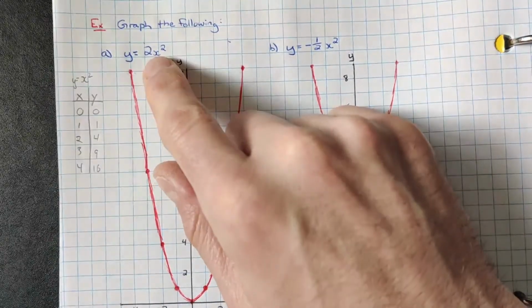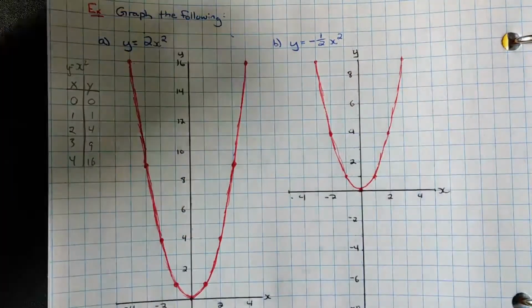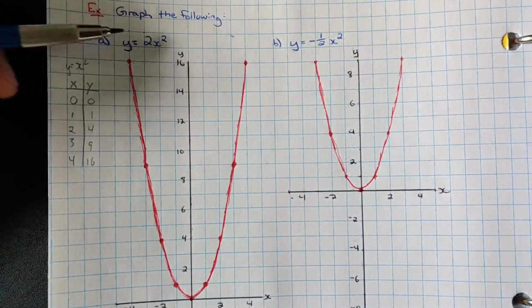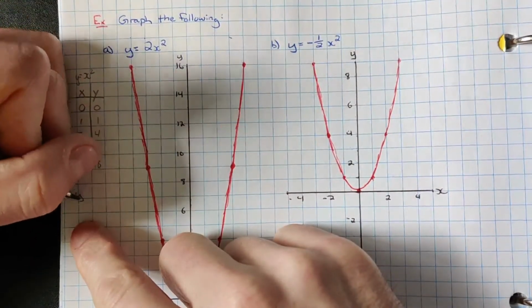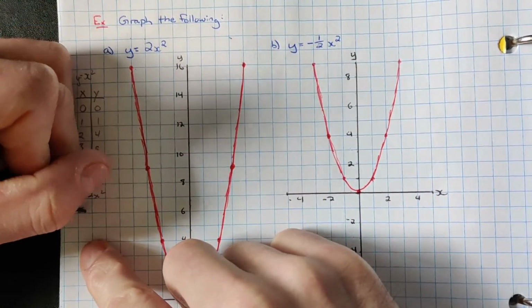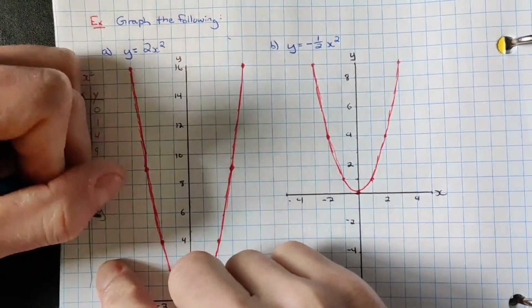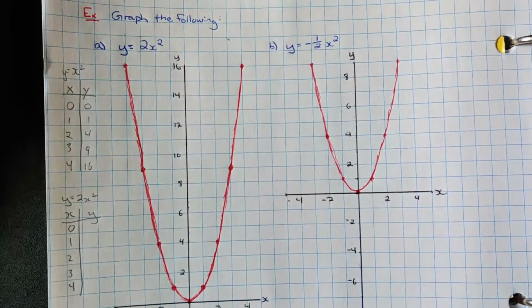Now, in this case, we should be stretching this graph, so it should be getting narrower. And we'll see that because we're stretching it by 2. So we take each of these squared numbers, and we get y equals 2x squared. And we have our x and y, and 0, 1, 2, 3, 4 again.